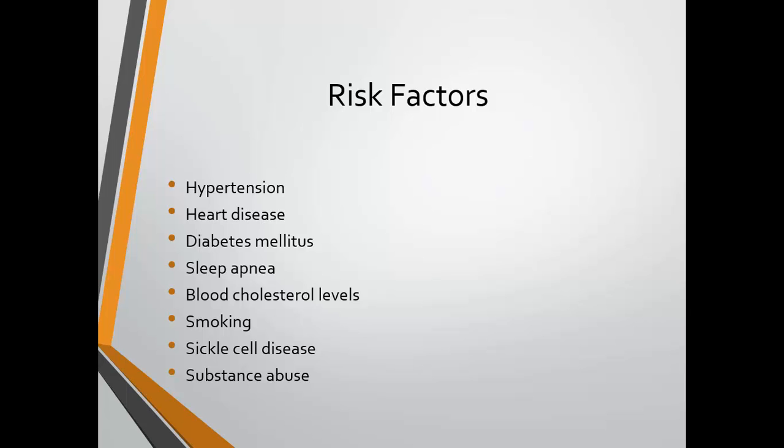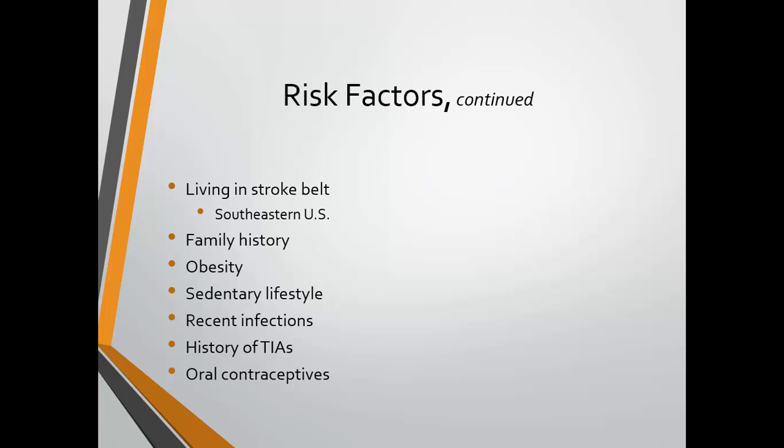Substance abuse, typically marijuana, anabolic steroids, heroin, cocaine, and amphetamine use, are all increased risk factors. Living in the stroke belt, so that's the southeast United States, so basically where we are. Family history of strokes, obesity, a sedentary lifestyle, recent infections that could be viral or bacterial, history of TIAs, and the use of oral contraceptives.